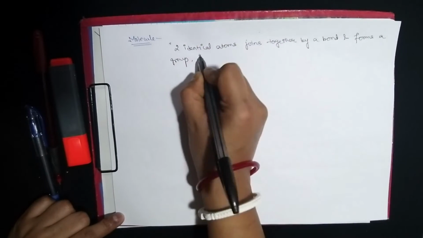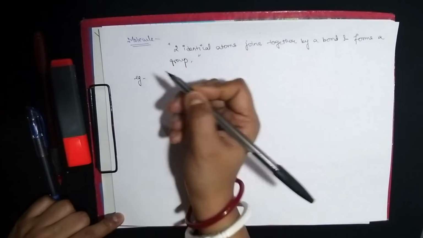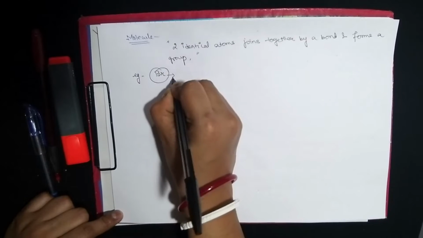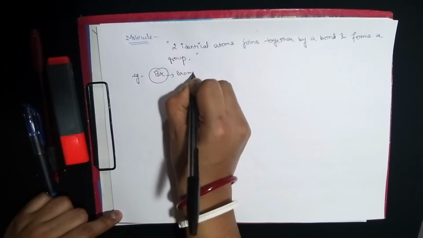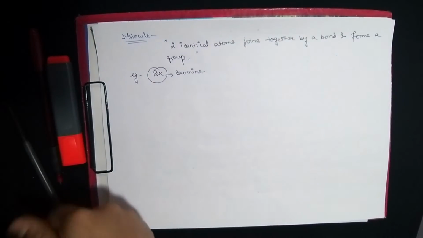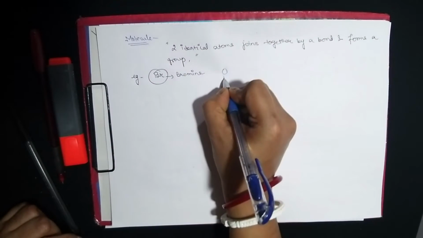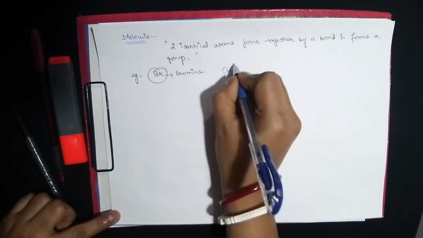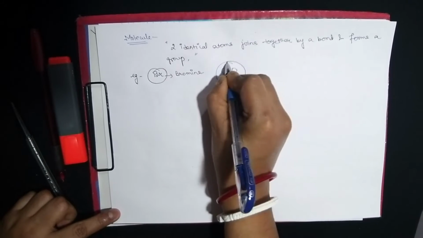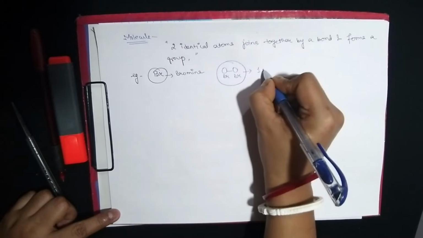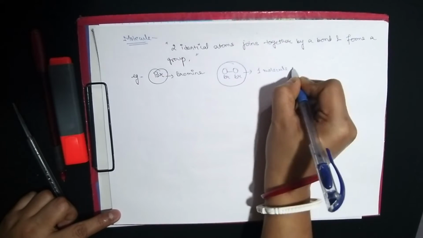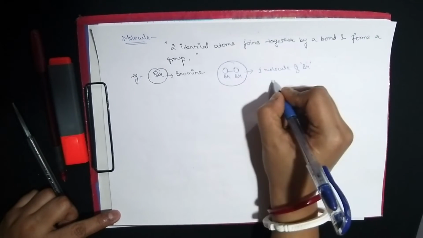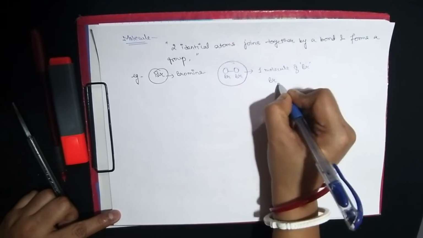Let's take an example. Br, that is your bromine. When two atoms of bromine, one atom and another atom of bromine, club together, they form one molecule of bromine, which we symbolize as Br2.